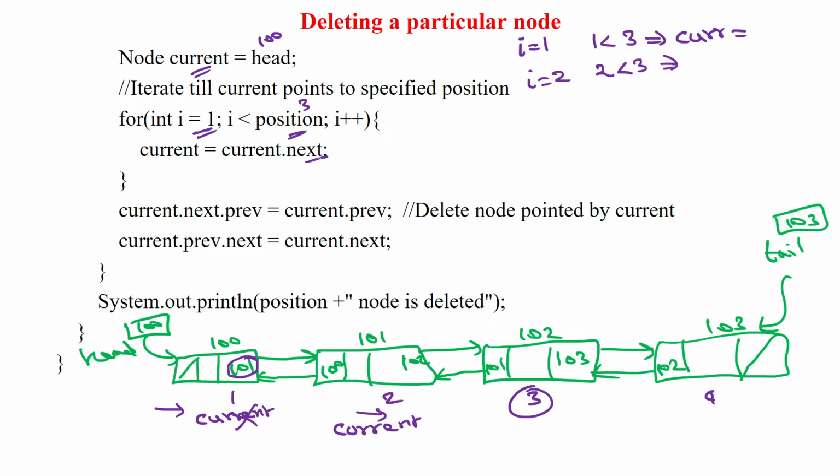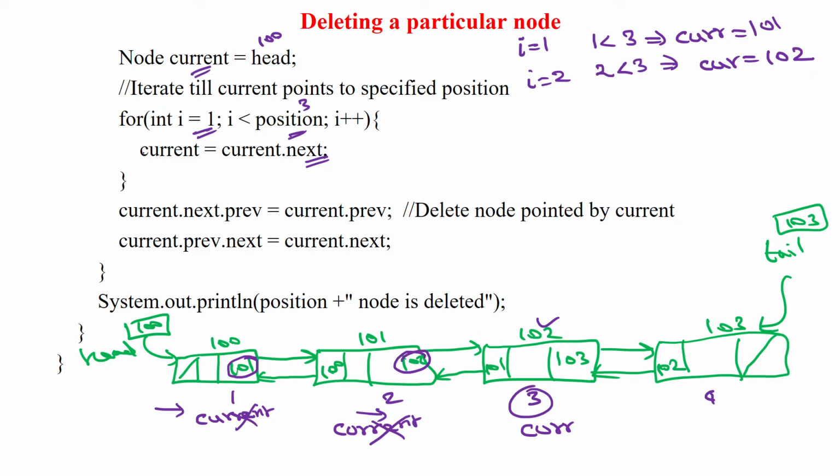Now again current equal to current dot next. What is the current dot next now? 102. So current is updated with 102 from previously 101, right? So now the current is updated with the value 102.